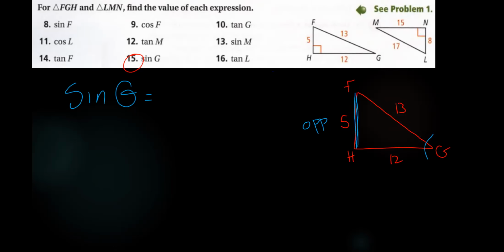Yes, teacher. Yes, Masa. Jude told me that 5 is the opposite. Now, where's the adjacent? Let's see here, Masa. If this is angle G, where is the side that is opposite to angle G?